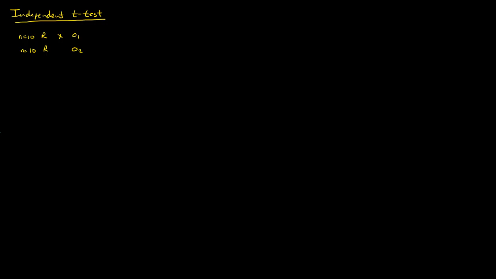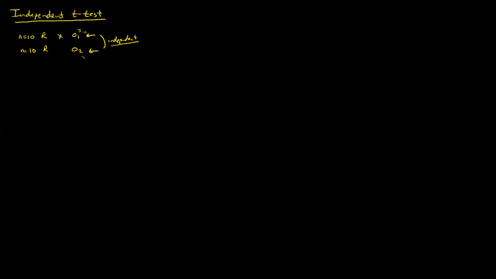And then an independent t-test means that this group here, group 1, is completely and totally independent of group 2. Okay? So an independent t-test is measuring mean scores. Remember, this O1 is going to be an X bar of those 10 individuals.